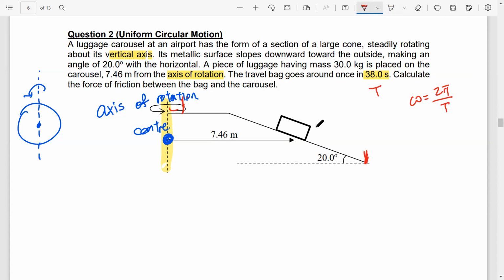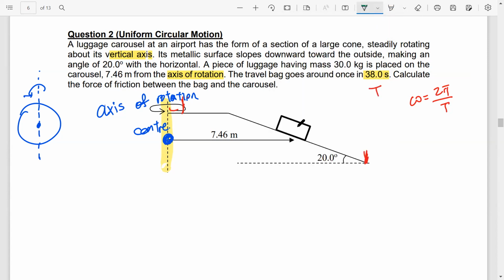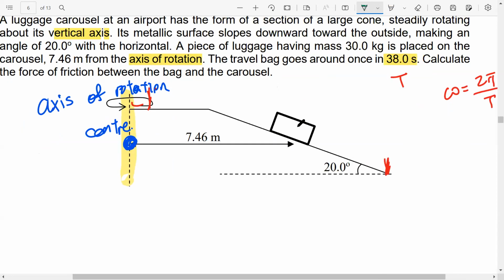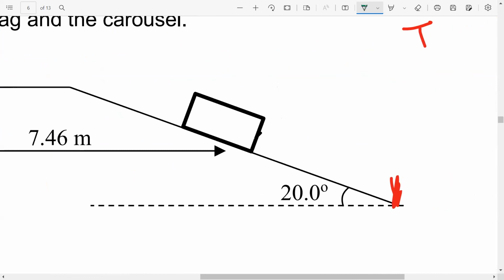For this luggage, I'll give you all the answers straight because this is a more complicated question. Let me just zoom in. Okay, we know that there must be a weight downwards and a normal contact force.